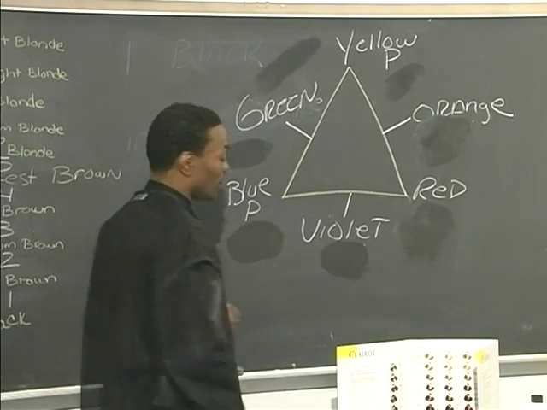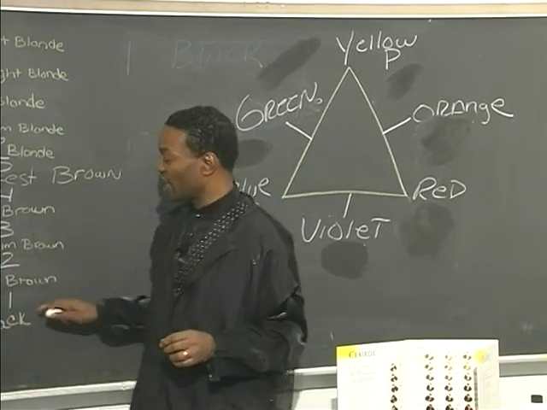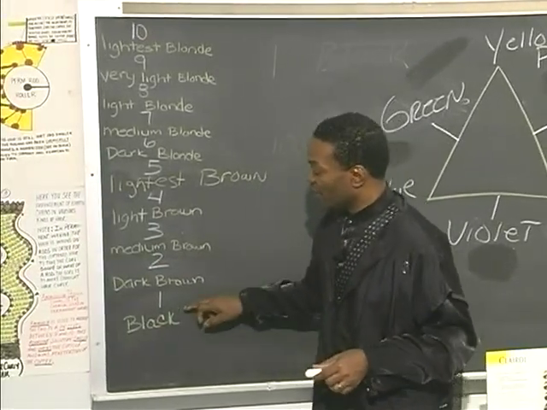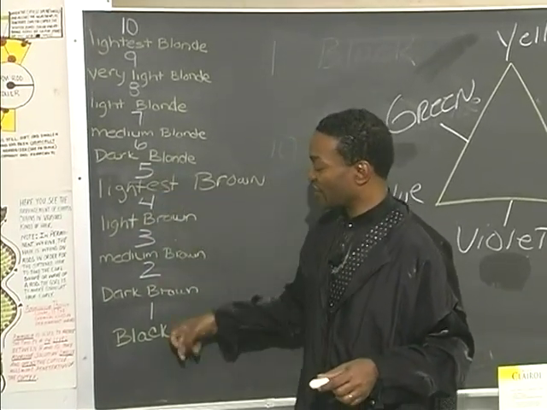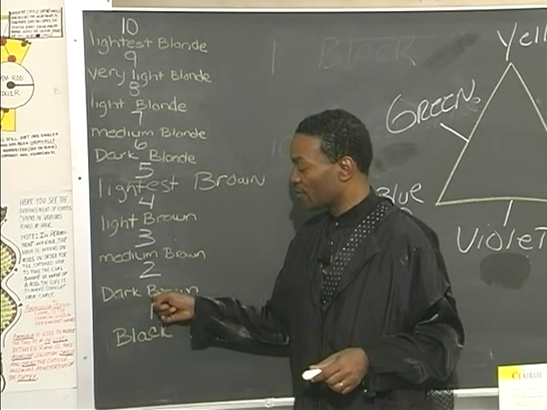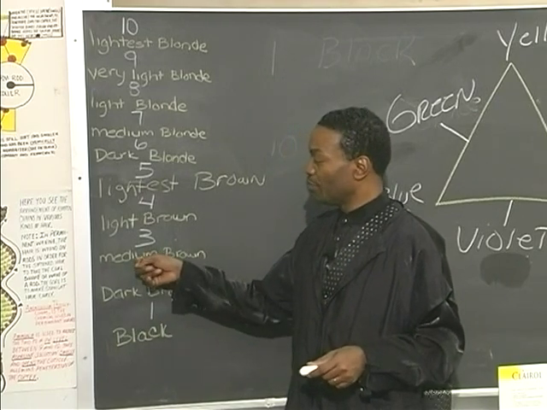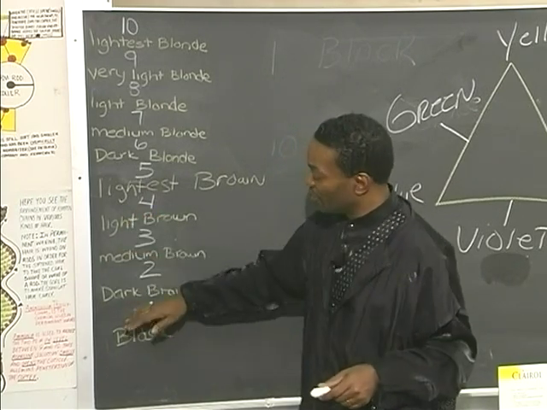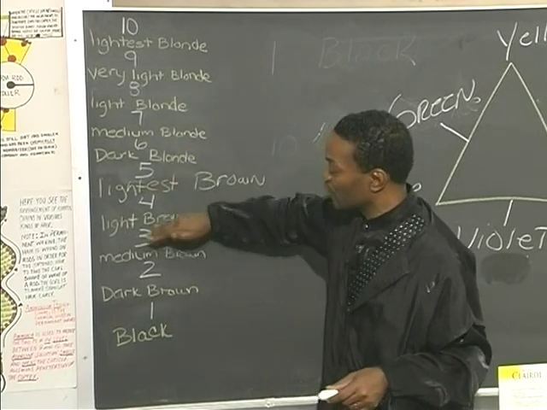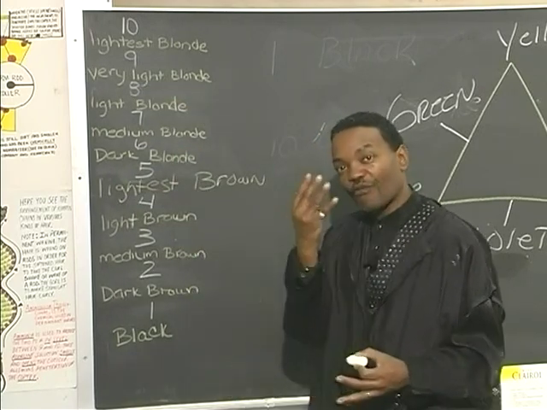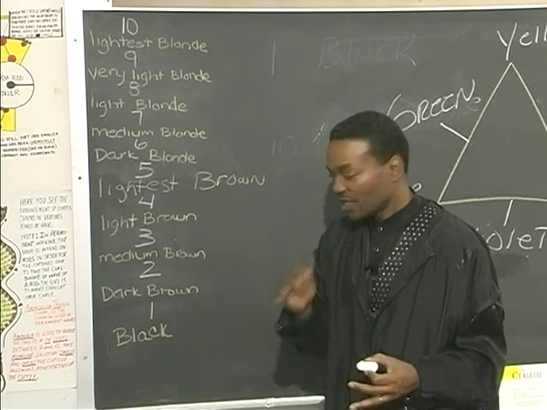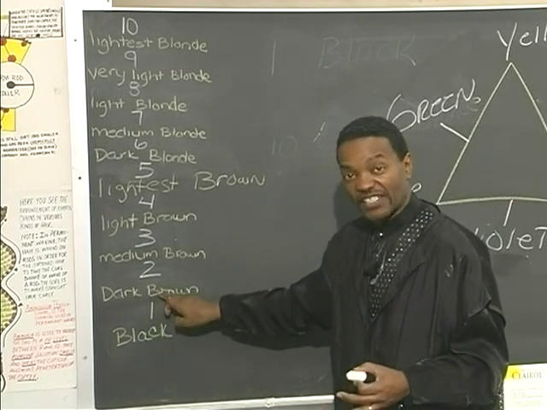Now, let's talk about levels again very quickly. In between each level, for example, in between black and dark brown and medium brown and light brown, in between each one of these levels, if you were bleaching a head of hair out, you've got to go 4 shades, 4 steps to get to the next level.